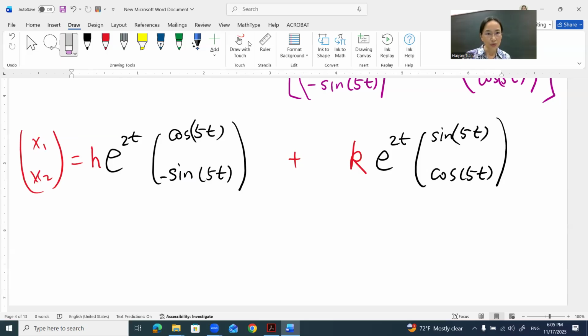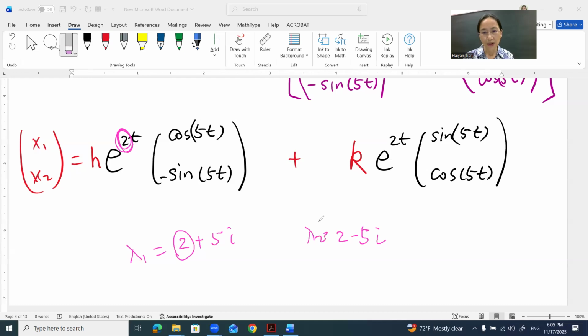So you see this number 2 is the real part of the eigenvalue, because our eigenvalue is 2 plus 5i, 2 minus 5i, right? So the 2 is the real part of the eigenvalue, and the 5 is the imaginary part of the eigenvalue.